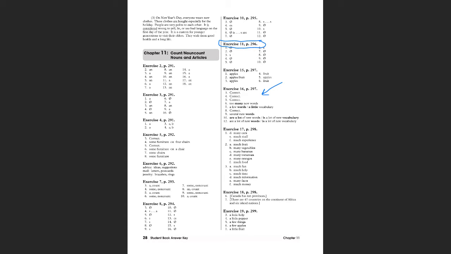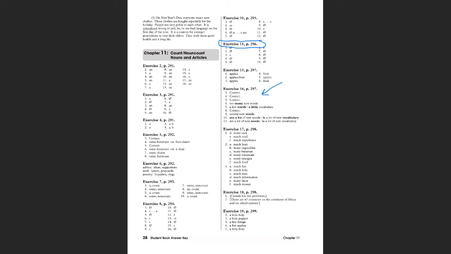So you can say are a lot of new words, or is a lot of new vocabulary. So in this case, this is subject-verb agreement. We've got are as a verb, but vocabulary is singular. It doesn't go with are. So we have to correct the verb and the noun to make them match.